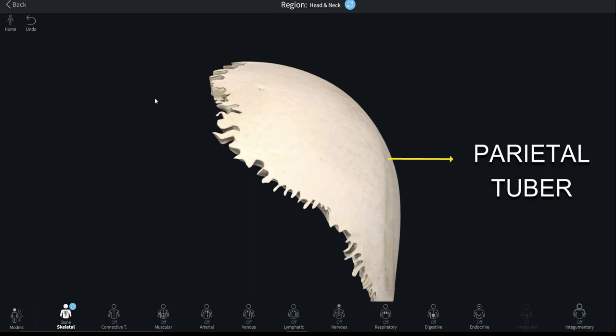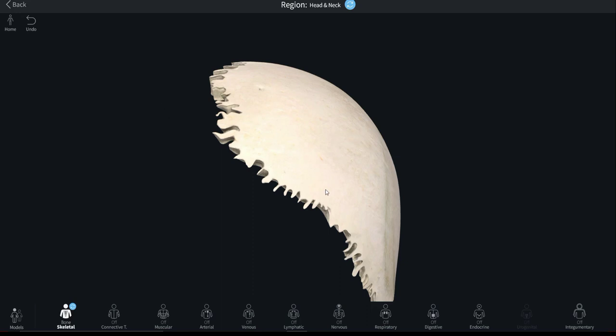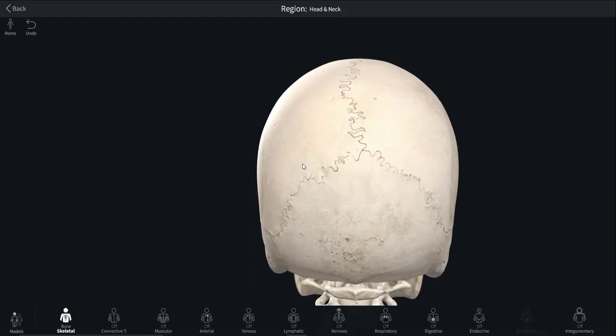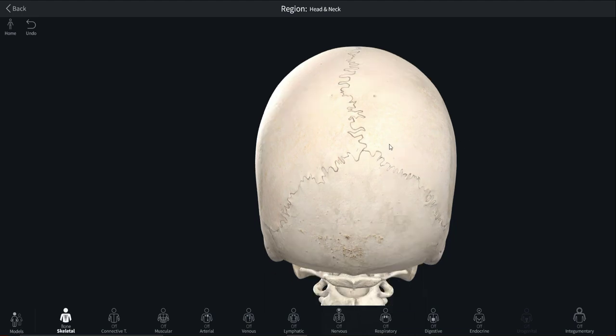So let me show you the parietal tubers on both the parietal bones. So this is kind of the postero-superior view of the skull. These are the posterior borders of the parietal bones, the two parietal bones here. This is the occipital bone. We are not talking about it right now.